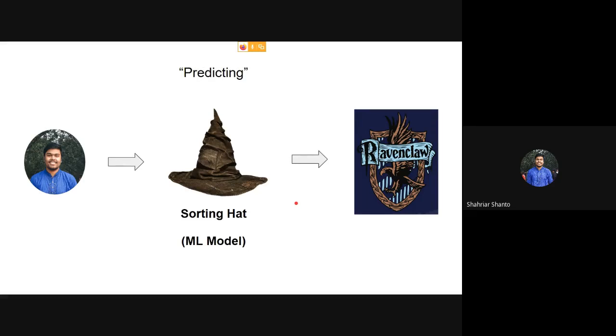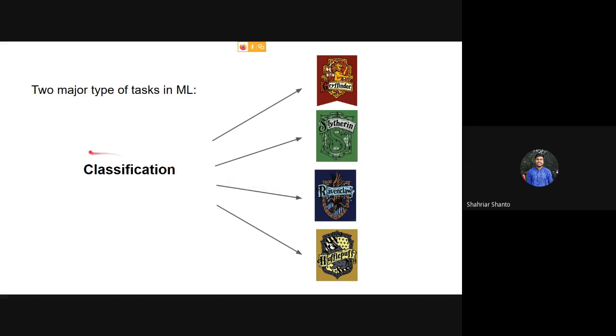Okay, so there are different kinds of problems that we can solve with machine learning. The 2 major types of tasks in machine learning are classification and regression. So classification is when we are trying to classify data, inputs or questions into specific classes.